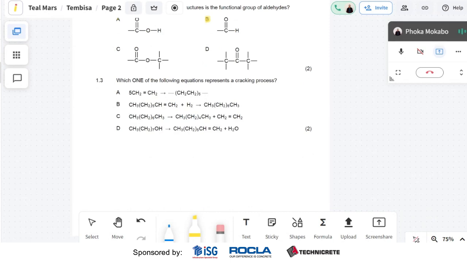The problem is, though, that this, in fact, is not a cracking reaction or cracking process. This is a different type of reaction in which you break a double bond, or you take an alkene and add hydrogen to it to form an alkane.